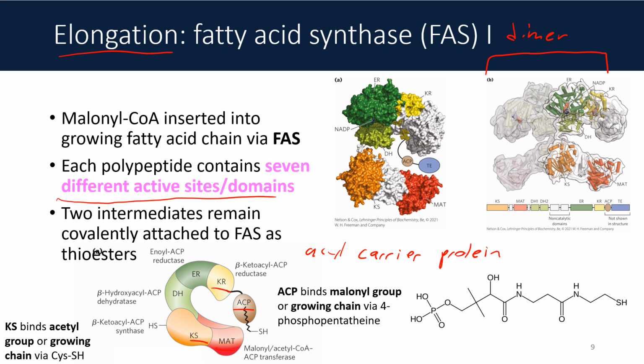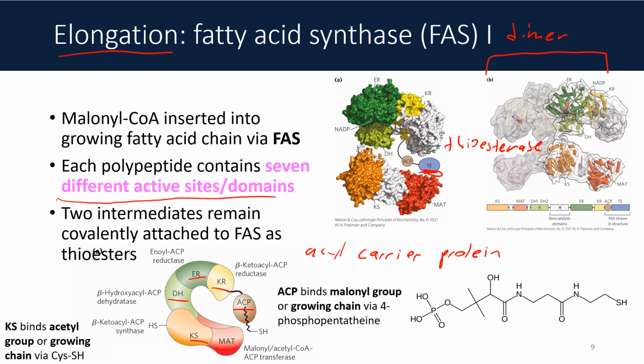KR, beta ketoacyl ACP reductase. DH, beta hydroxyacyl ACP dehydratase. ER, enoyl ACP reductase. And it's not shown in this graphic, but connected to the ACP domain is the final enzyme, TE, which stands for thioesterase.